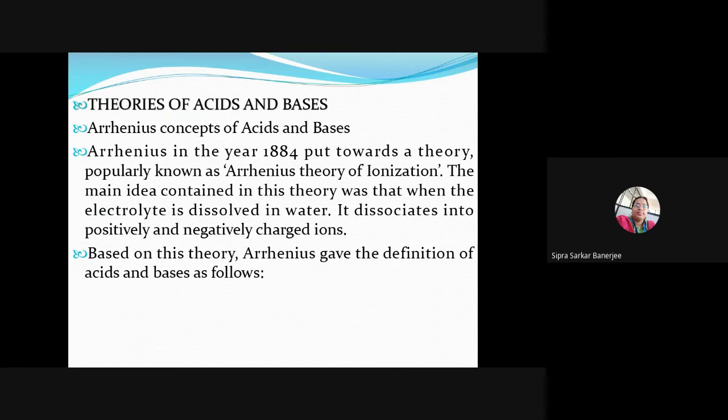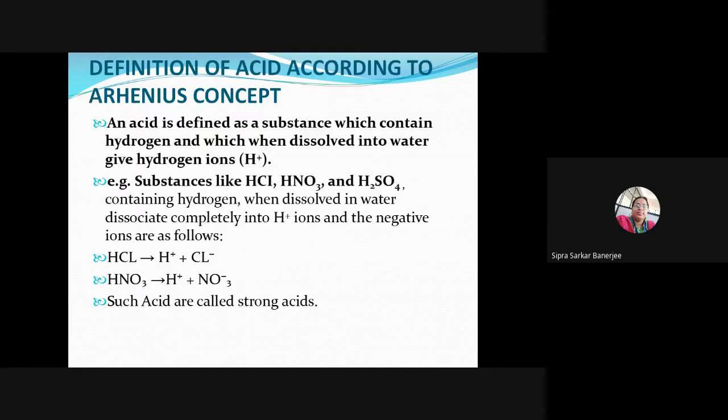Based on this theory, Arrhenius defined acids and bases as follows. An acid is defined as a substance which contains hydrogen and which, when dissolved in water, gives hydrogen ions.